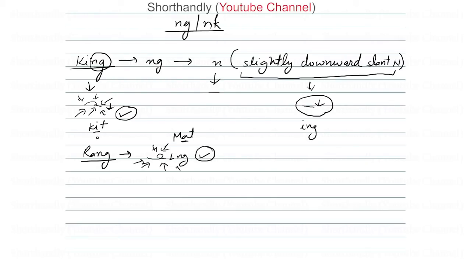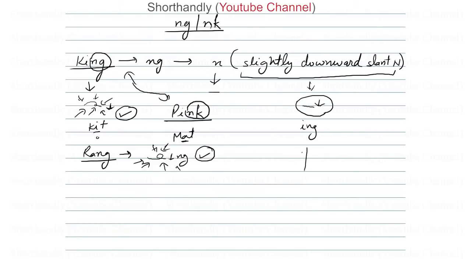Here we had king, but now what if we have another word called pink this time? If you pronounce it, it goes like pink, so we have the ink sound now. How are we going to represent this ink sound? It's very simple.